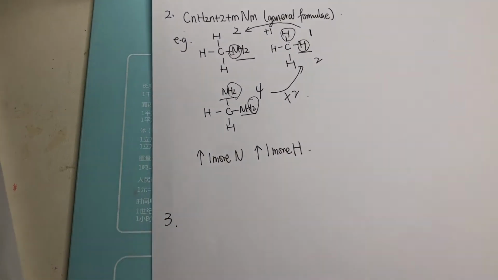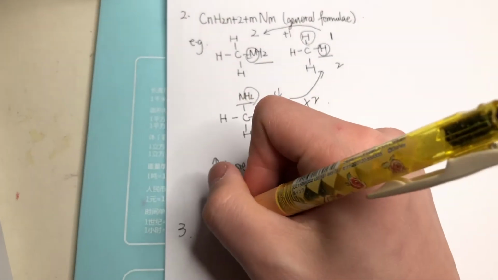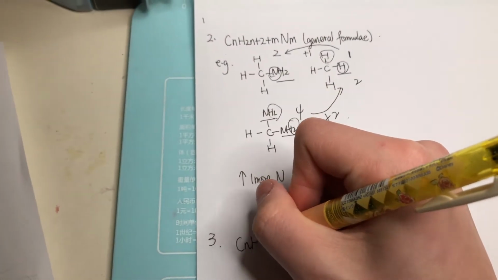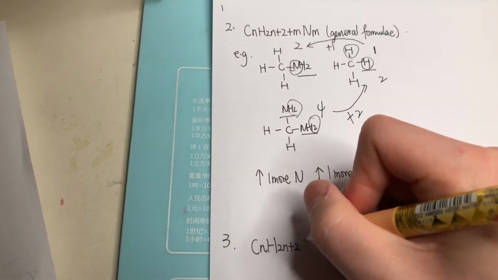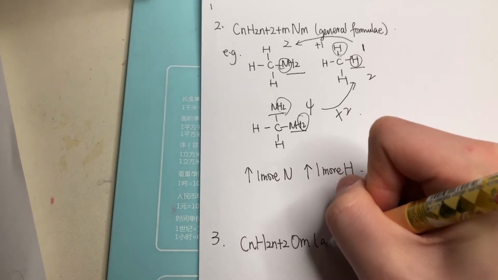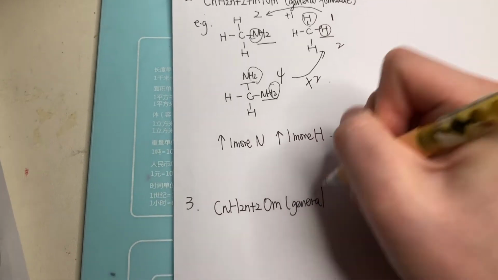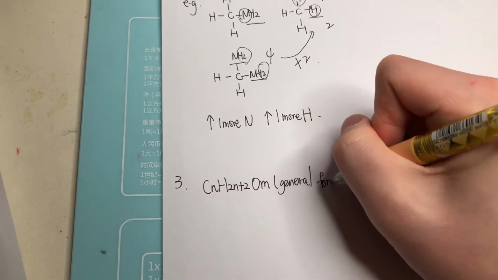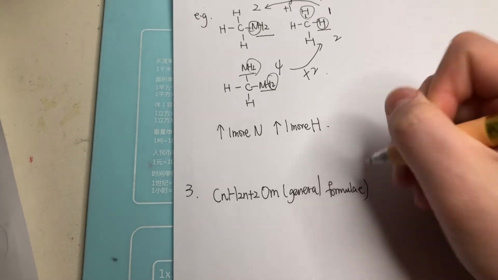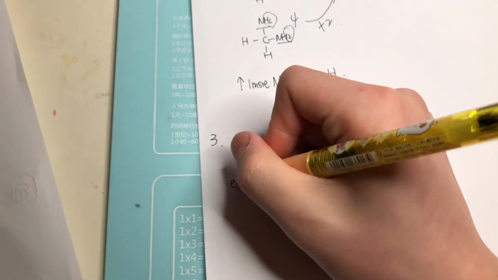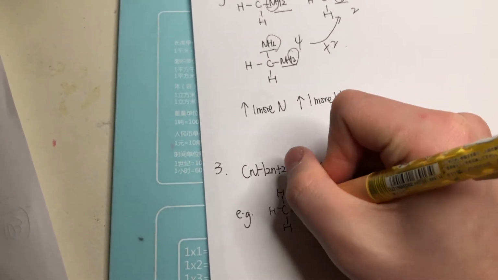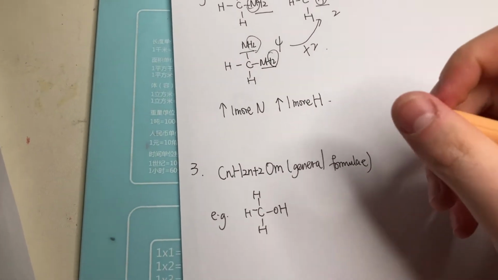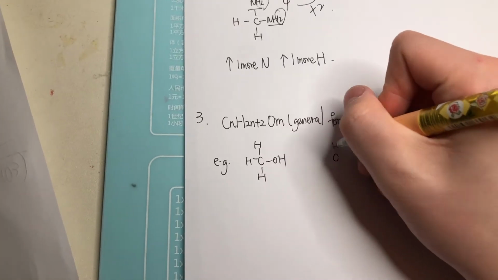Third, I am going to talk about the carbon, hydrogen, and oxygen compound. This is the general formula of it. Examples are... and to compare and contrast again, I use a molecule here.